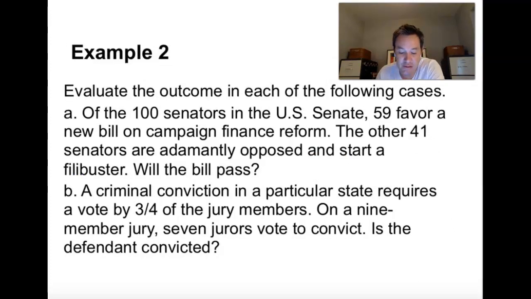All right, so let's evaluate the outcome in each of the following cases. So A, of the 100 senators in the U.S. Senate, 59 favor a new bill on campaign finance reform. The other 41 senators are adamantly opposed and start a filibuster. Will the bill pass?